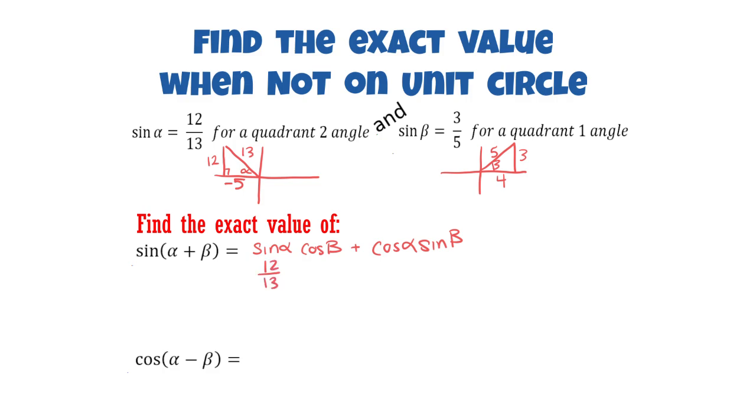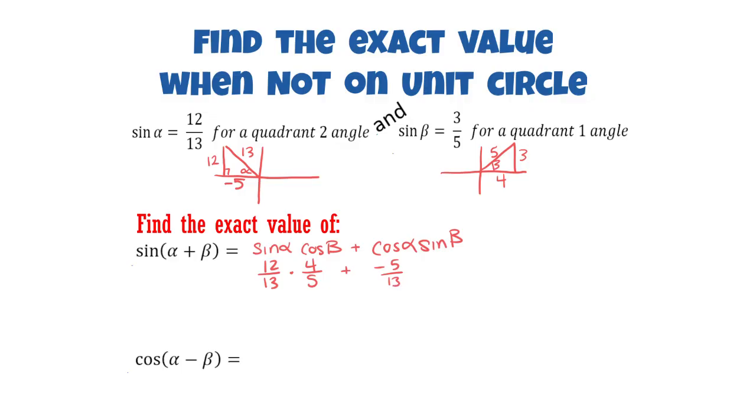And then I go over here to beta and I look and see what would the cosine be? Well, that's adjacent over hypotenuse. That's 4/5. Plus, now let's do cosine alpha. That's over here. Back over to alpha. Cosine is -5/13.